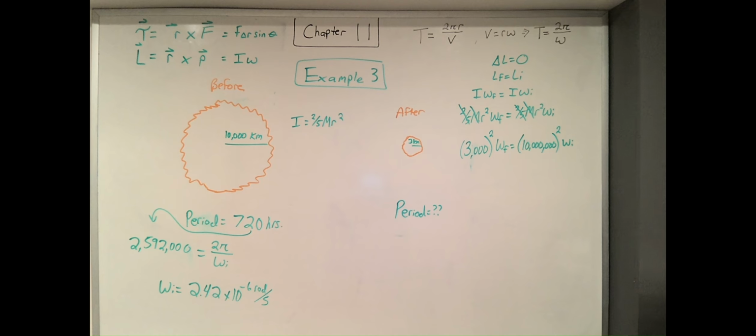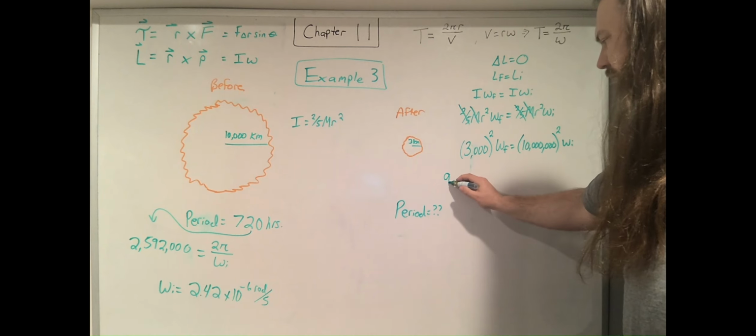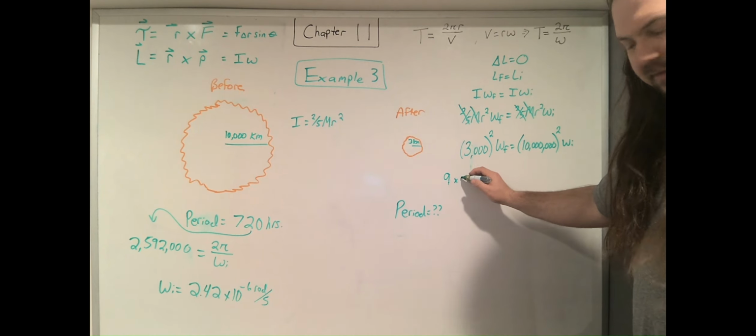What happens here if we start plugging in some of these values? If we do 3,000 squared, that comes out to 9 million, or 9 times 10 to the 6th.